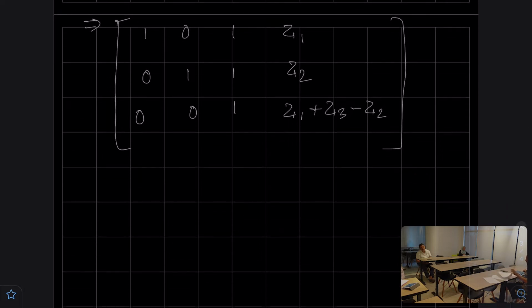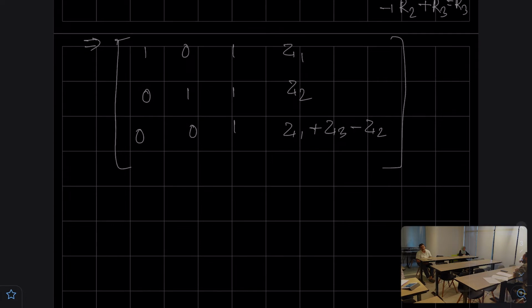Now, for the last step, can you conclude something from this augmented matrix? Solution, no solution? Why is that? There will be a solution because there is no condition here.